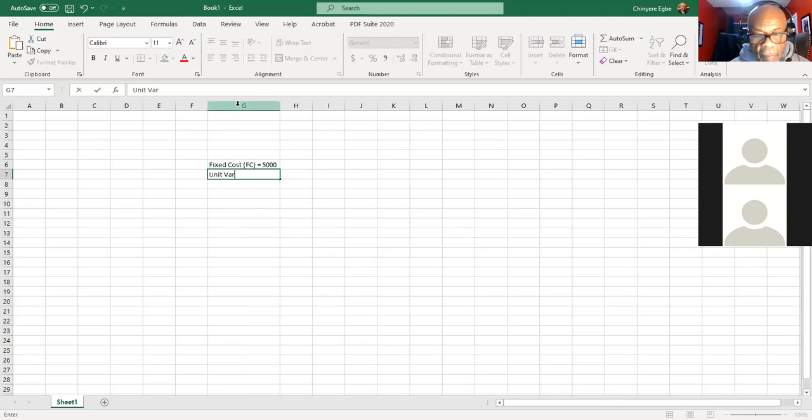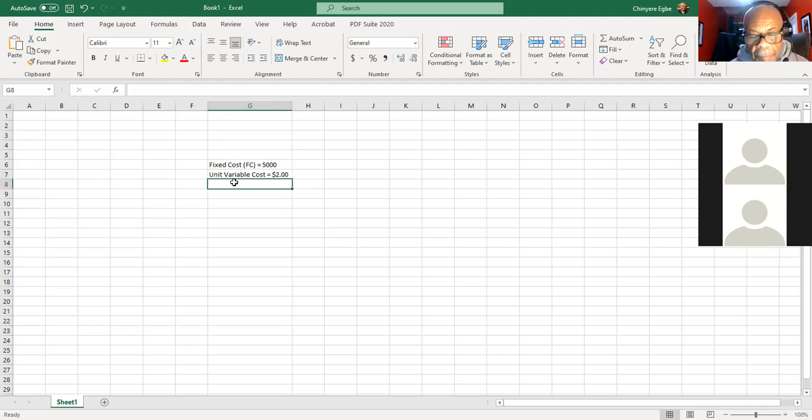So unit variable cost is equal to $2, okay? And price is equal to, say, $6, okay? So price will be P, unit variable cost will be V, all right?